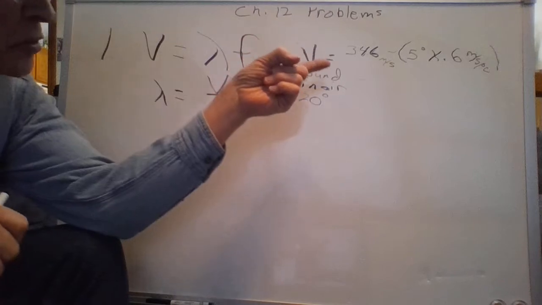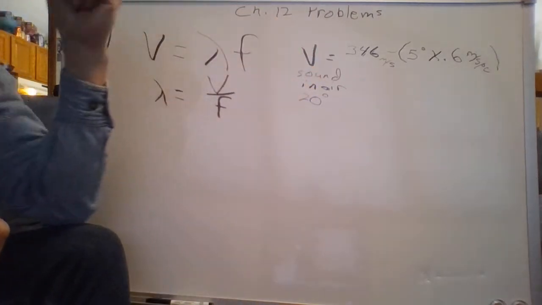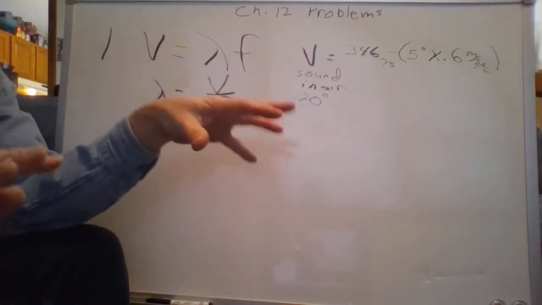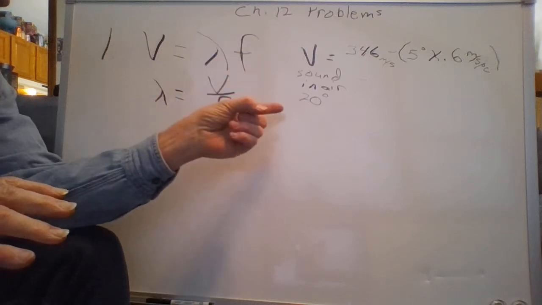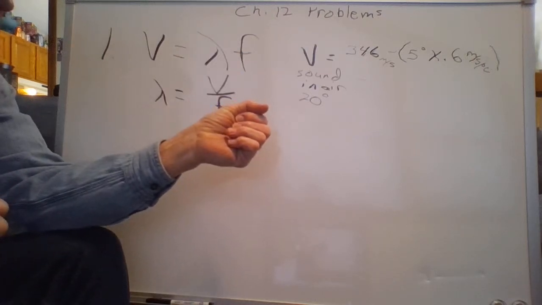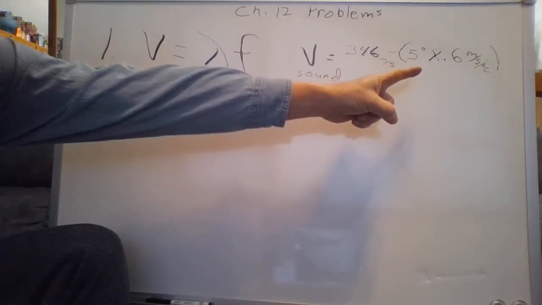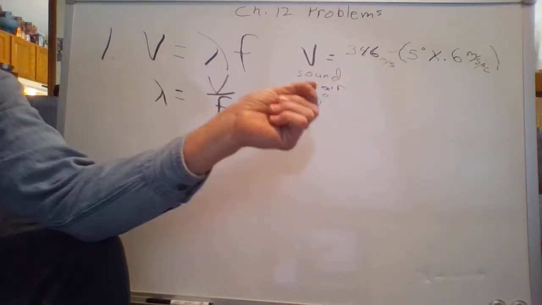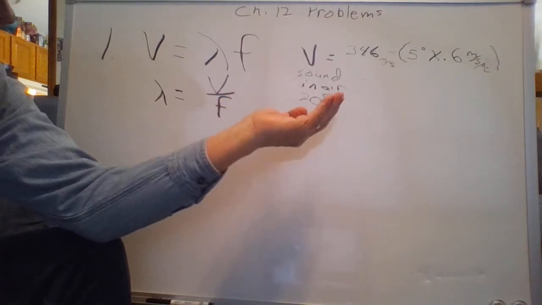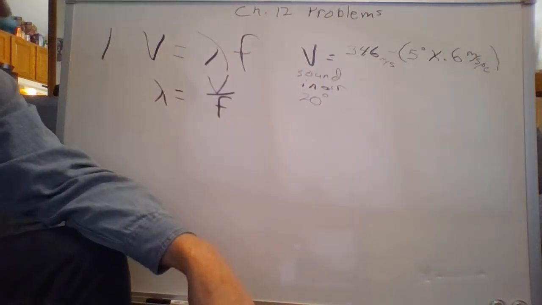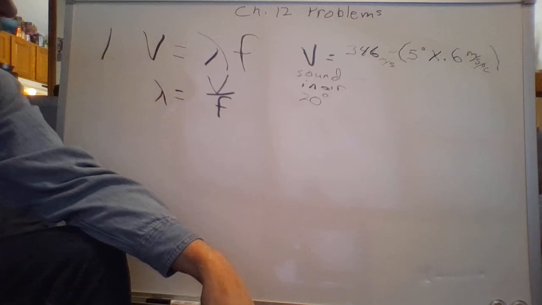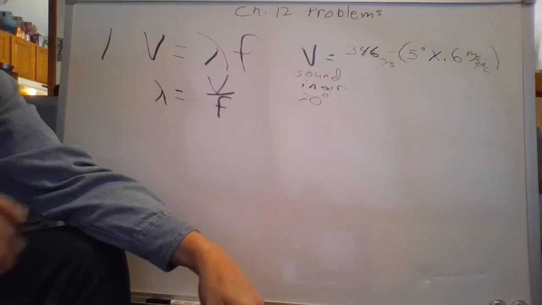Anyway, 346 is at 25 degrees Celsius. So we have to adjust that a little bit. It's going to slow down a little bit at 20 degrees. How much does it slow down? Well, it slows down 0.6 meters per second for every degree, and times 5 degrees, because it's 5 degrees different than 25. So we subtract off 3 meters per second.